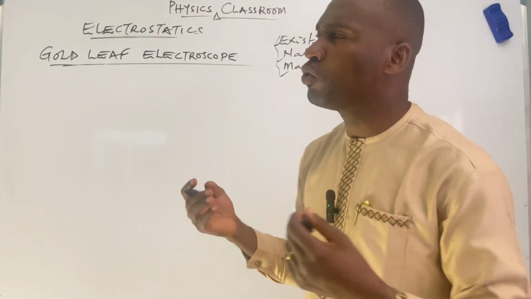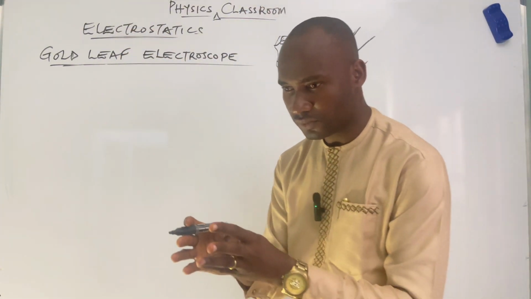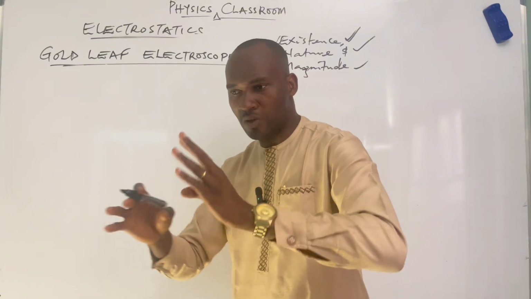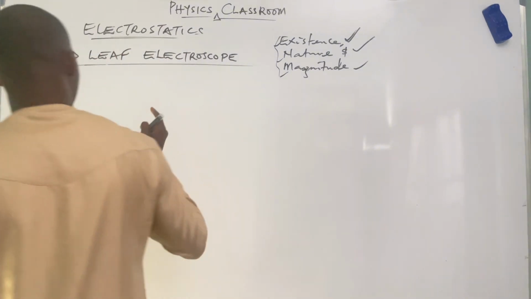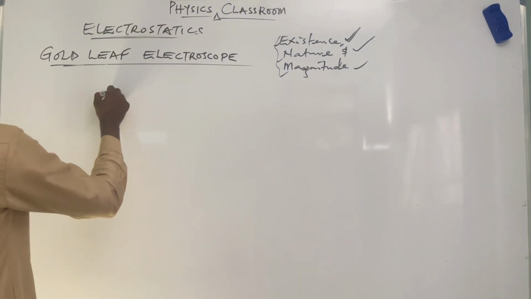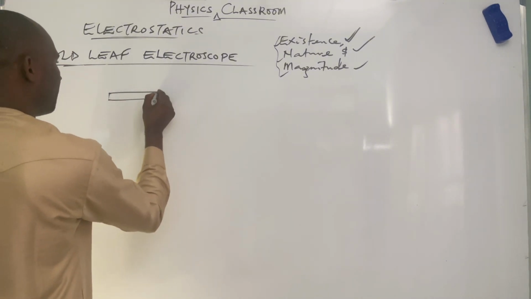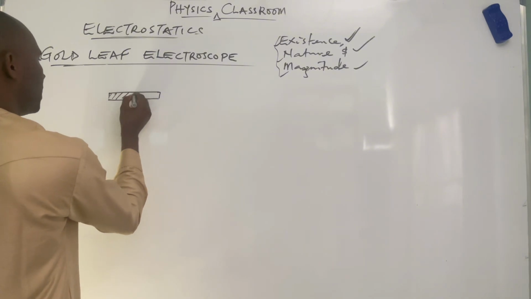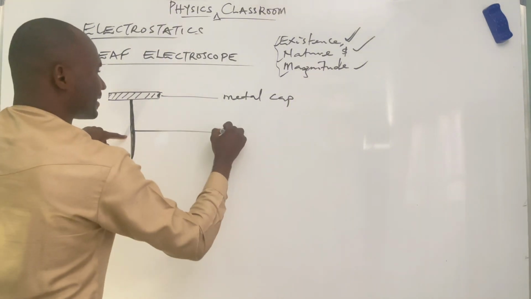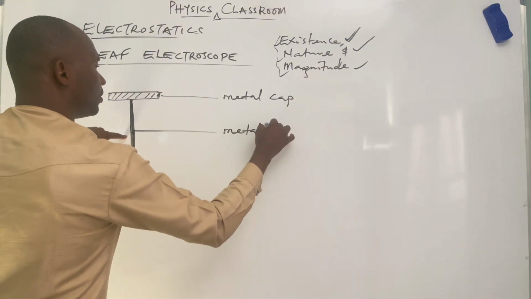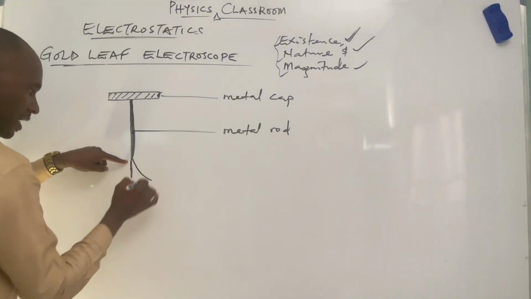How do we describe the gold leaf electroscope? The gold leaf electroscope consists of a metal cap connected to a metal rod and a gold foil.